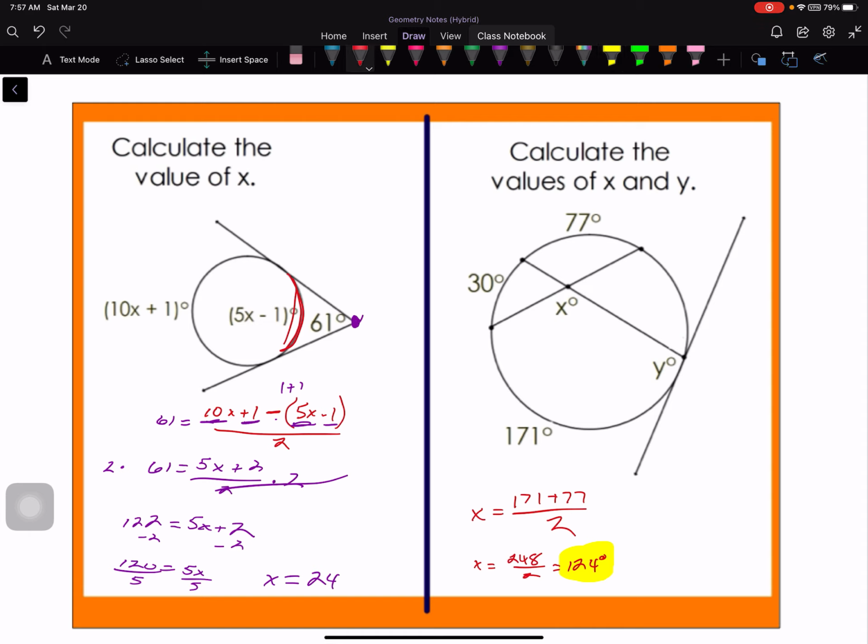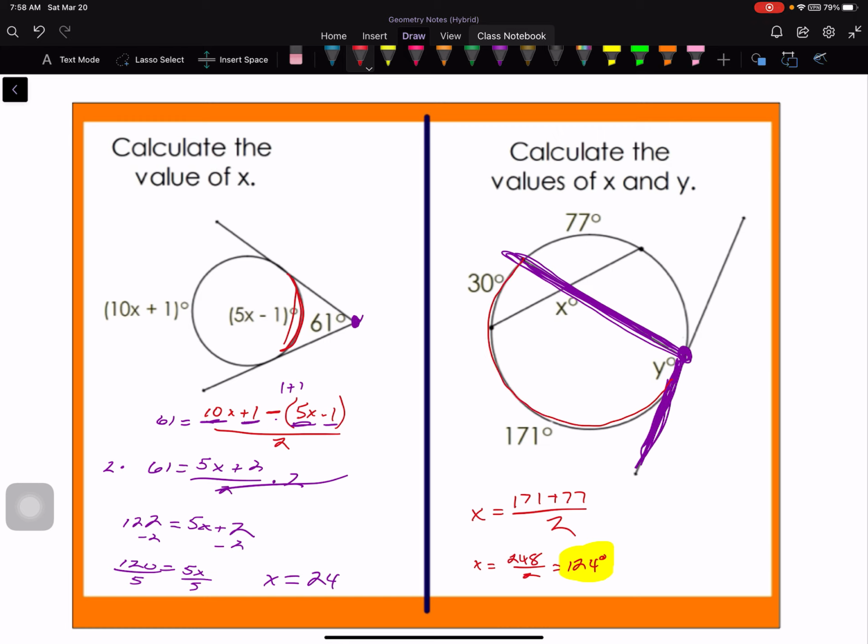When the vertex is inside the circle, it's pretty straightforward, or on the circle. Now y, you're going to have to do some visual work here to see y, but y goes all the way from here to here. This is the very first thing we looked at today and in the last section. So we have an angle with a vertex on the circle, which means you find the measure of the arc and you divide it by 2.